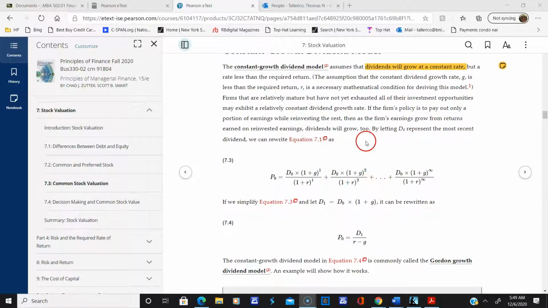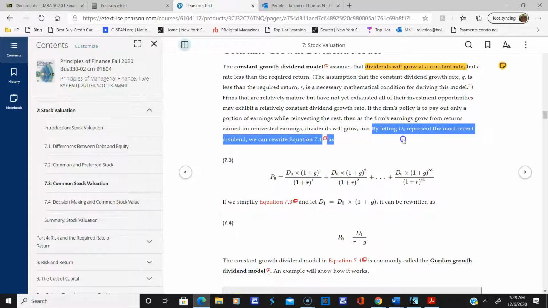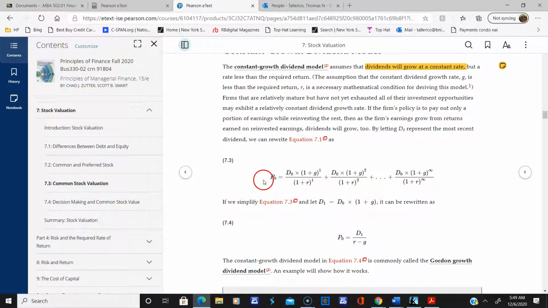Here's our general model that we talked about. Here's the price of the stock, and here is D0, the most recent dividend. What's important is, you'll notice as it adds all these up, we're going to simplify this equation.